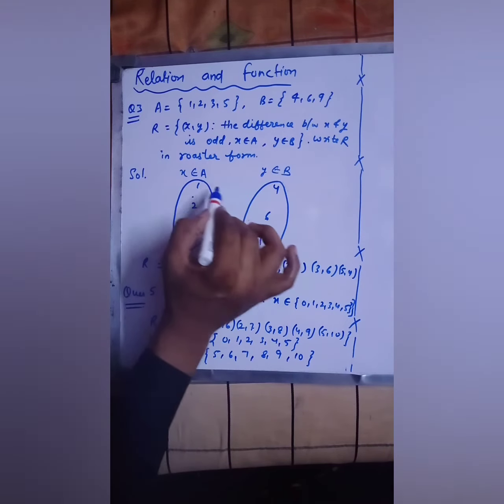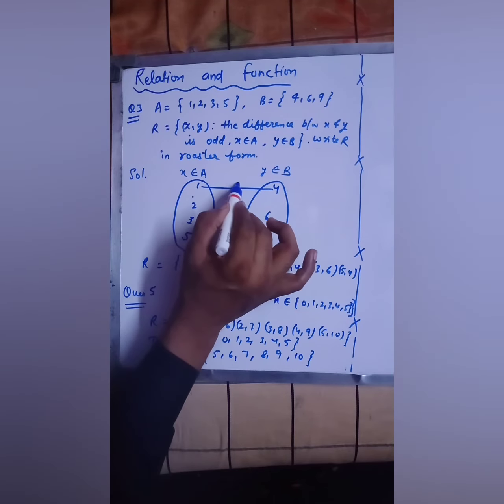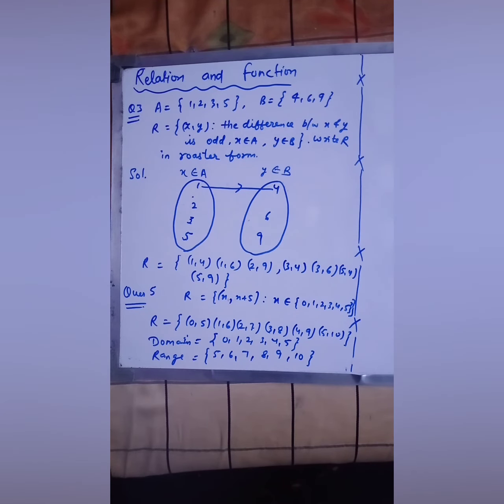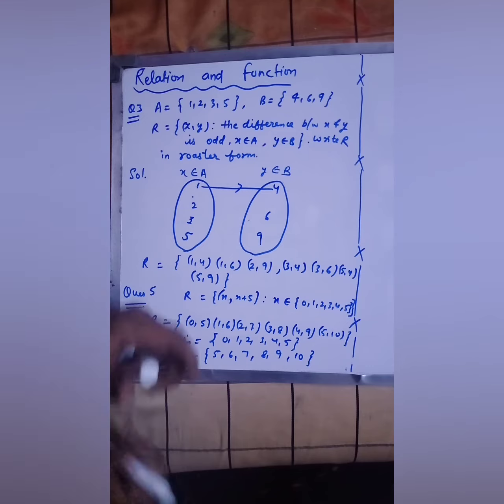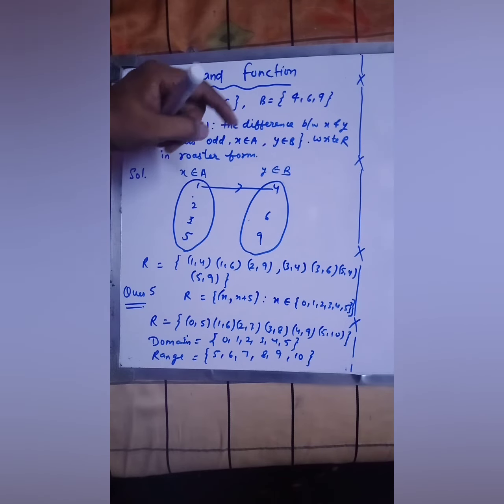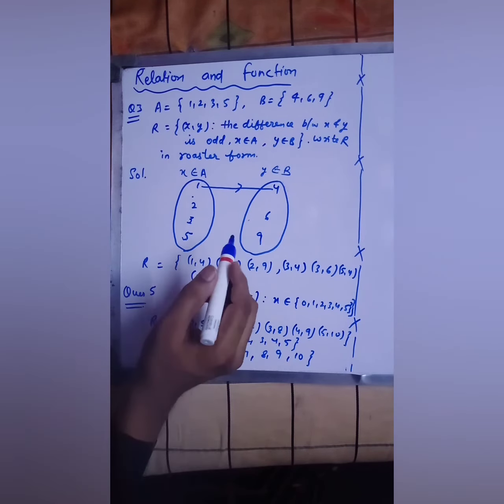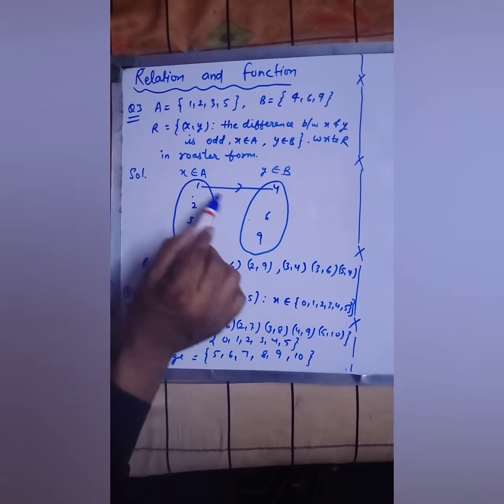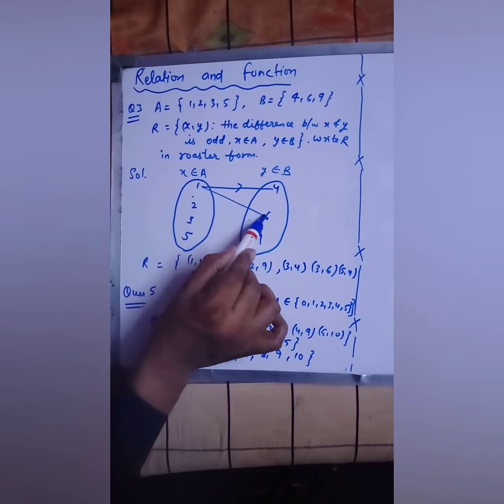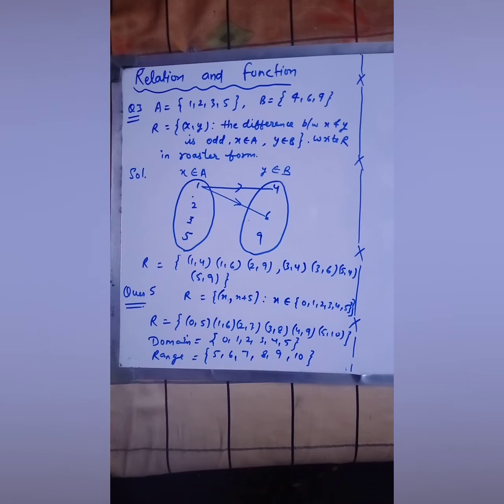The difference must be odd. 1 comma 4. So here the difference would be 3, which is odd. And similarly 1 comma 6, again the difference is odd.